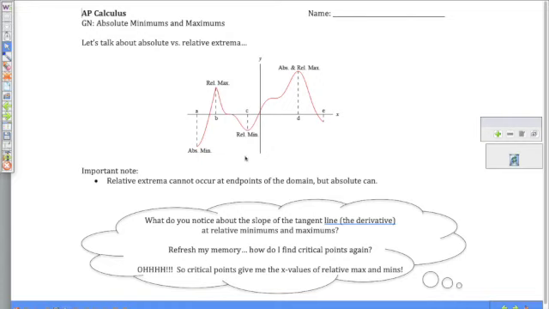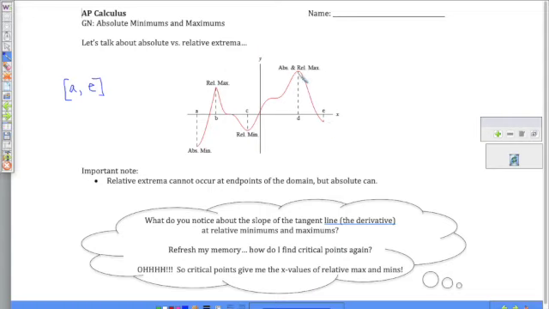They cannot take place on the endpoint. So here, if I look at this example I have here, this is the interval a to e, if we're talking about x values, right? So we could have absolute maximums or absolute minimums at those endpoints, and I actually do. The absolute minimum on this interval takes place at a. The absolute maximum doesn't take place at one of the endpoints, and that's okay.